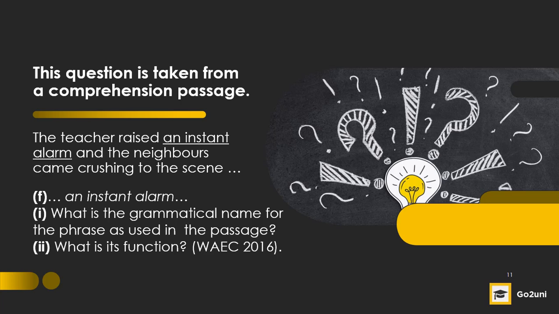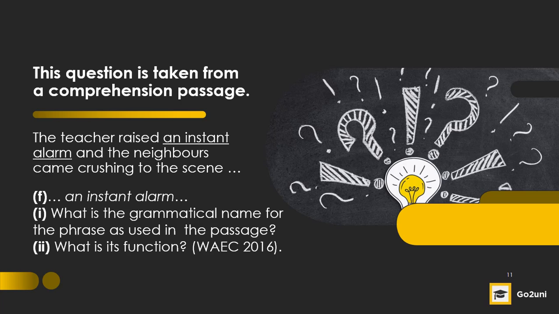The teacher forms a noun phrase, and this time around it is functioning as the subject of that sentence. Raised is a verb, and an instant alarm is also a noun phrase. The first noun phrase is functioning as the subject of the sentence. Remember, we said the teacher, and then we said raised is a verb, and then what follows again is a noun phrase.